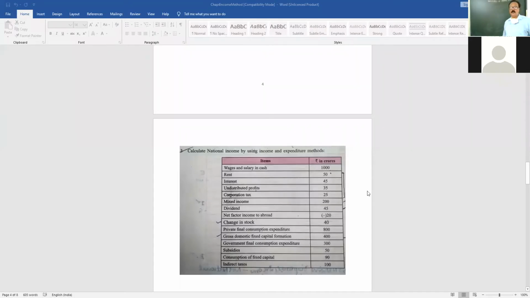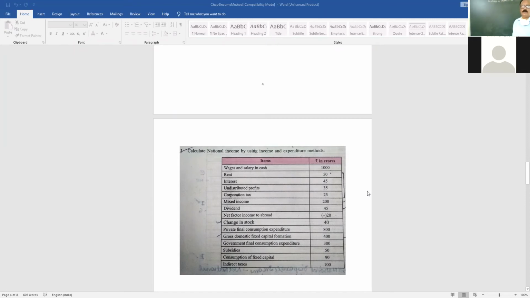Kindly copy down the next question, which is shared to you on the screen. After a few minutes, I shall remove it and come on the board and do it. I read the question. Calculate national income by using income and expenditure method.